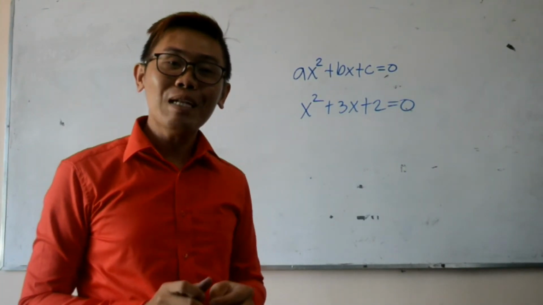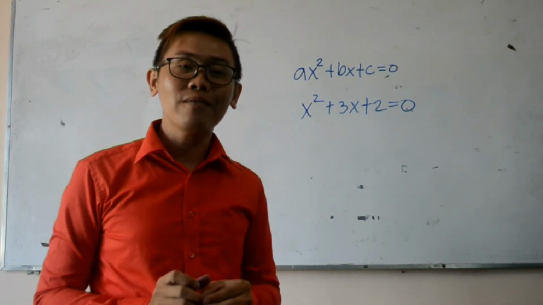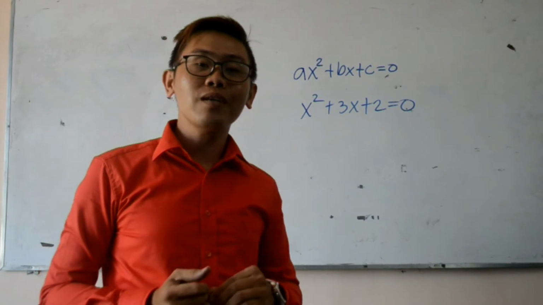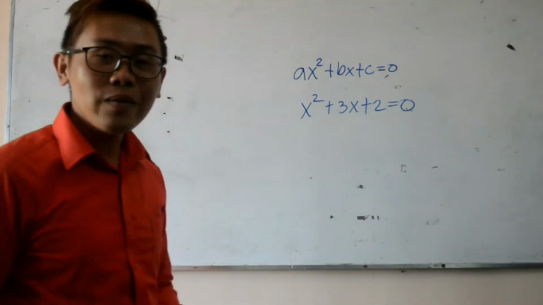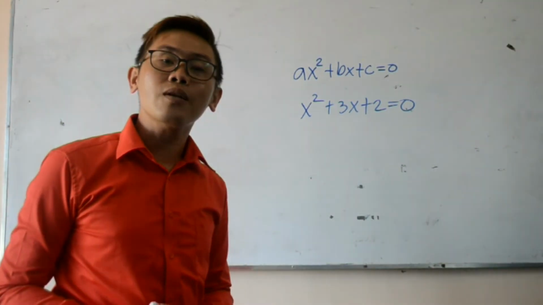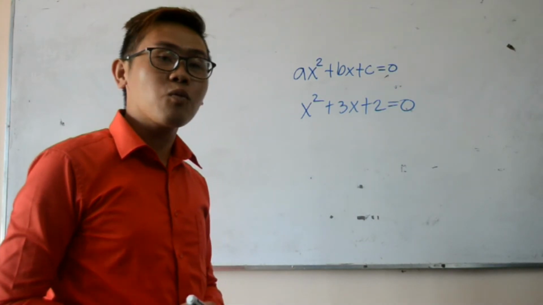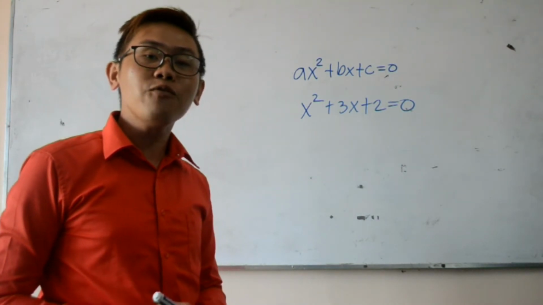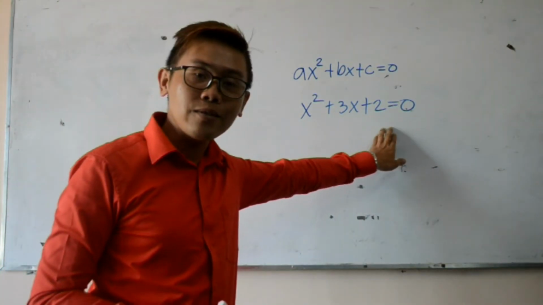Since we already illustrated factoring a quadratic equation, now let's have the steps on factoring a quadratic equation. Considering the example x squared plus 3x plus 2 is equal to 0, the first step is to find the factors of the first term and the last term.